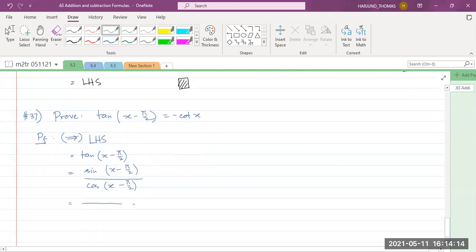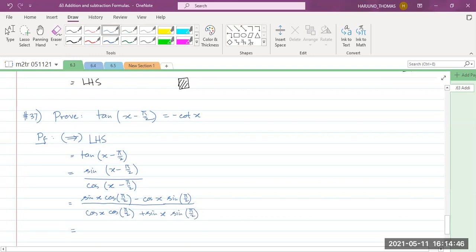And then on the top, we will get sine x cosine pi over 2 minus cosine x sine pi over 2, over cosine x cosine pi over 2 plus sine x sine pi over 2.